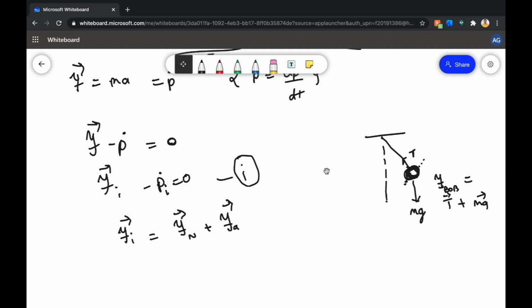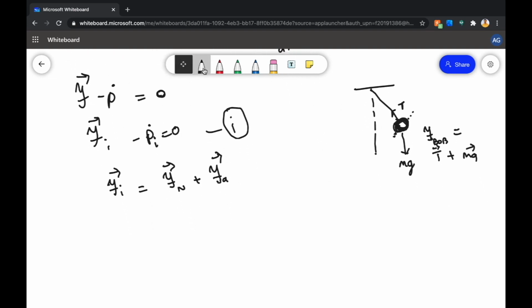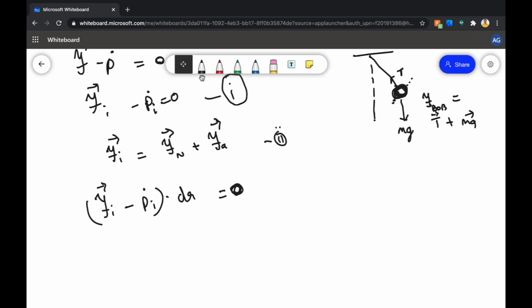This is the vector addition, and then what he did to equation 1 was dot it with dr. Dr is nothing but a small movement perpendicular to the normal force at any time t, and he put this equation into 3. This part would naturally be 0.